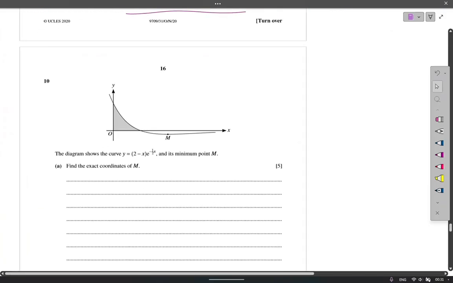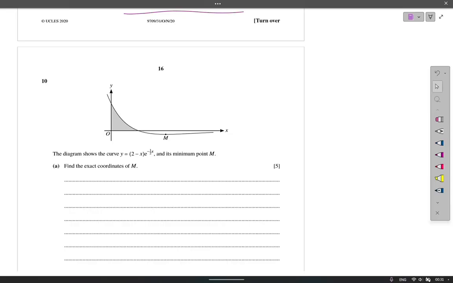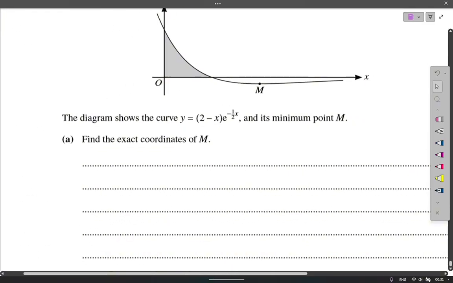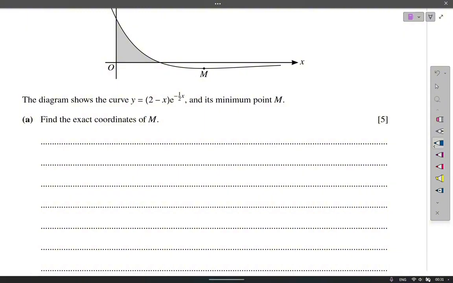Okay, question number 10. The diagram shows the curve of a function and its minimum point m. Find the exact coordinates of m. So here we can differentiate this function and set its derivative to 0 to get the x coordinate of m, and then use that x coordinate to get the y value.